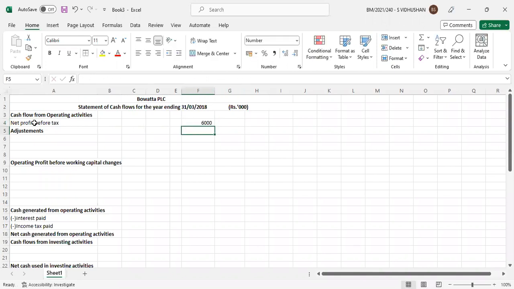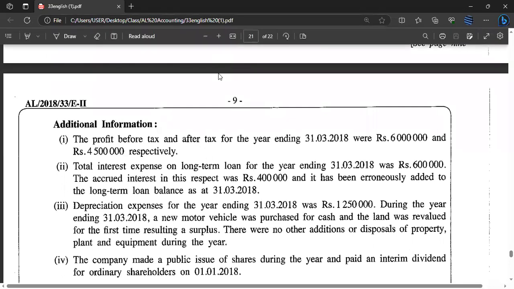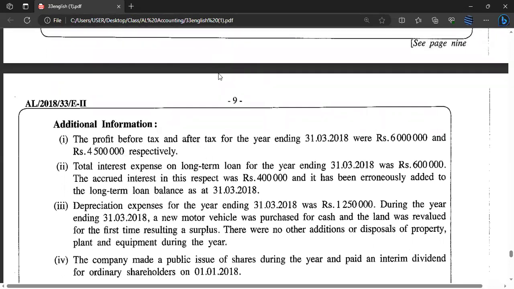Then we have to look into the income tax, whether there is any. We need to find out how much income tax they have paid. If the profit before tax is 6 million and after tax is 4,500,000, then from 6 million, if you deduct 4,500,000, you get 1,500,000.